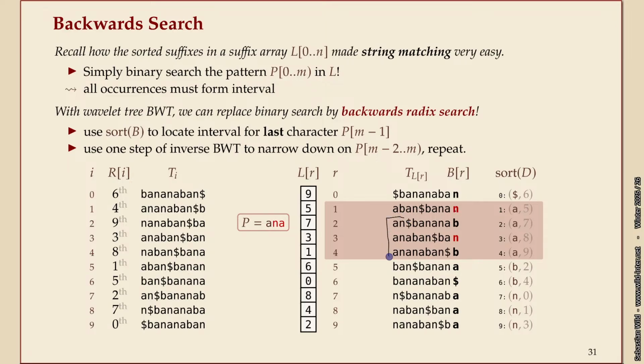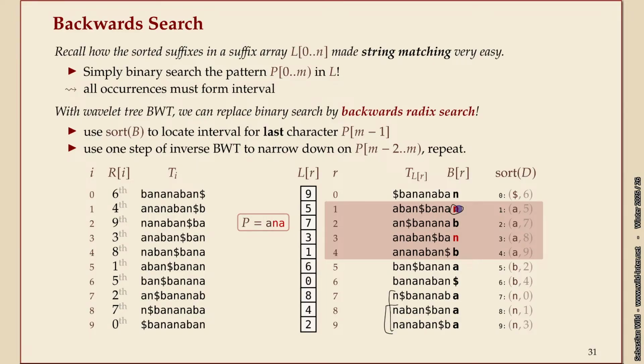Now, note that there's 3 things that start with AN here. And if I take this N and look at where it points, so I need to find the second N and the third N in the occurrence. Sorry. AN, we need NA, not AN. There's 3 N's down here, but only 2 that start with NA.